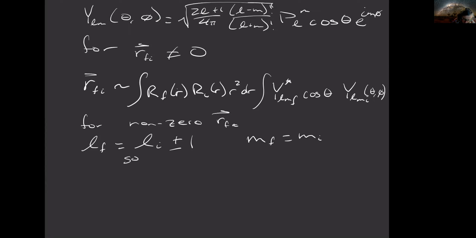And so this tells us that delta L has to be equal to plus or minus 1, and delta M has to be equal to 0. It can also actually be equal to plus or minus 1. That is allowed and will produce a radial function which is non-zero.